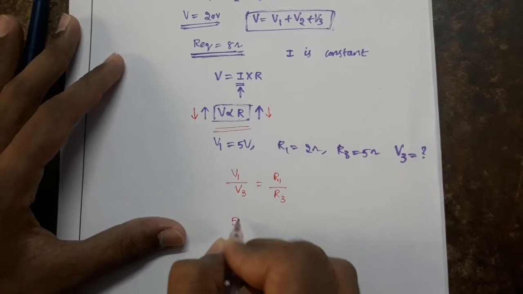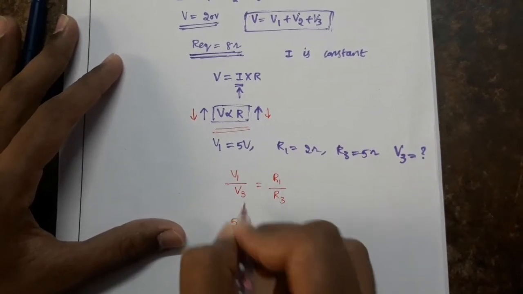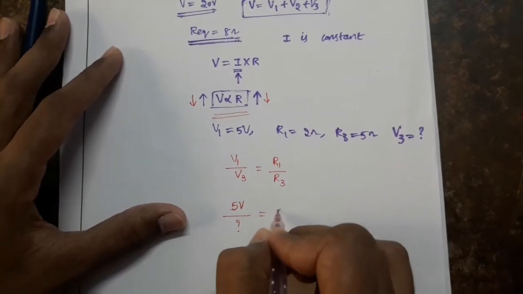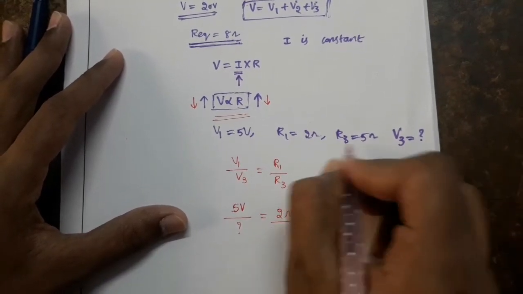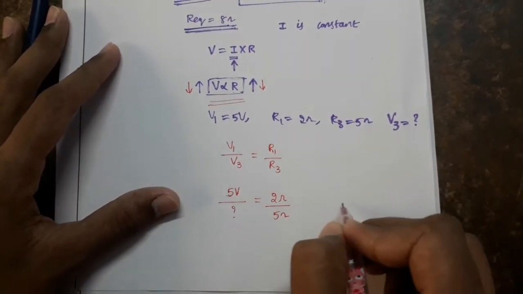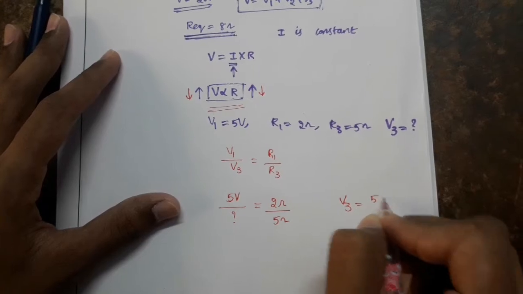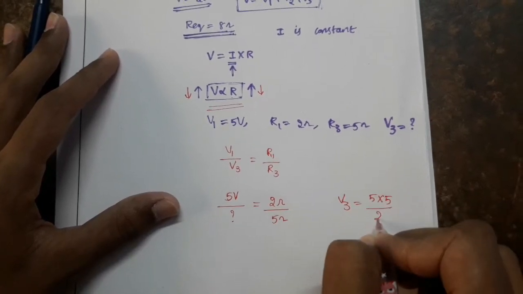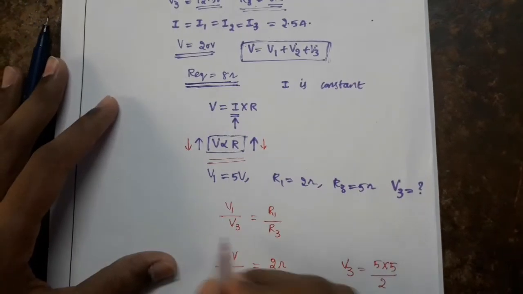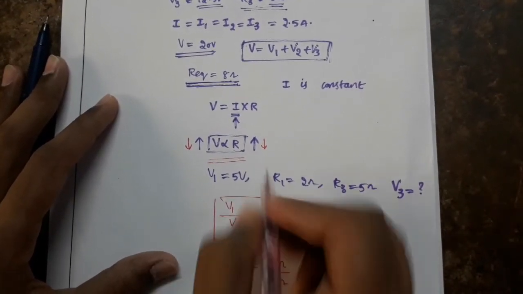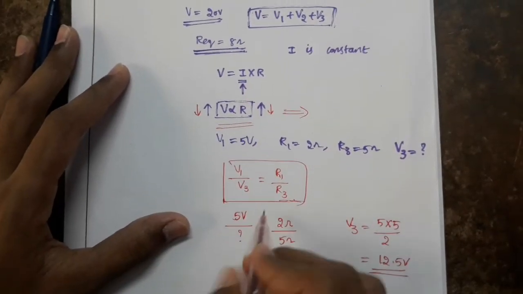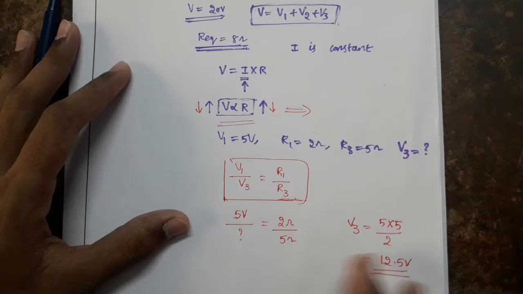V1 equal to 5 volt divided by V3 equal to, we don't know, so question mark, and R1 equal to 2 ohm, where R3 equal to 5 ohm. Therefore, from this V3 equal to 5 into 5 divided by 2, that is equivalent to 12.5 volts. So we can use this relation when we have to find the voltage or the resistance when they are connected in the series.